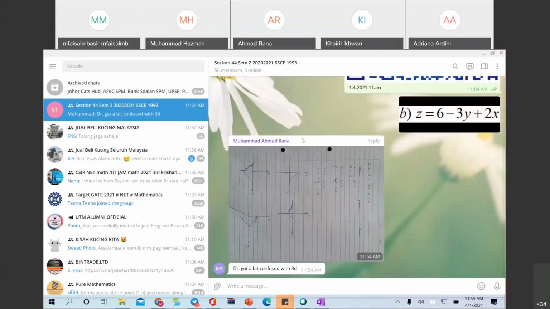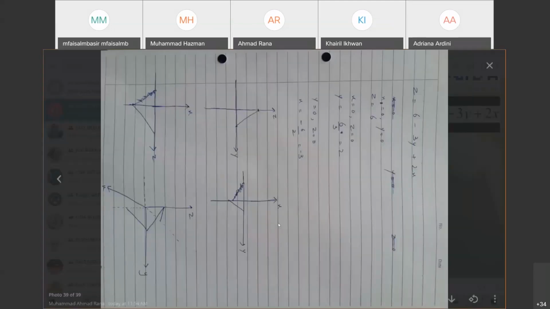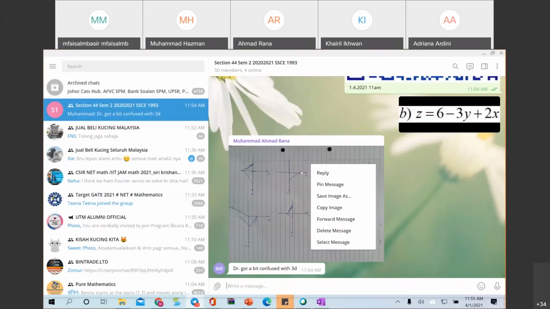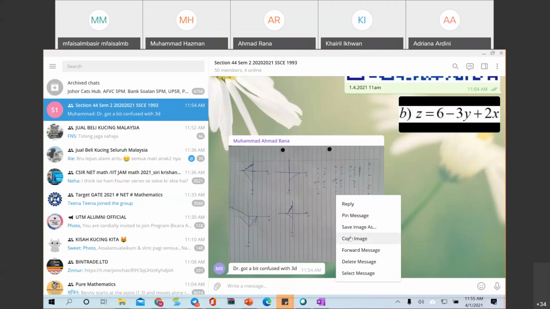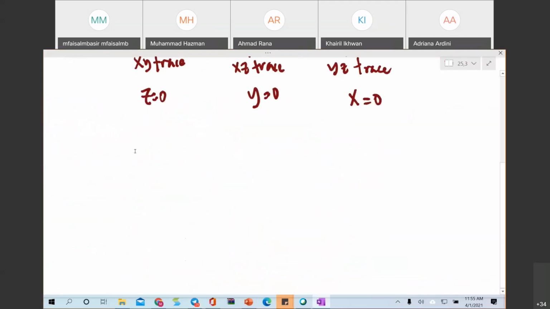Friend's answer. Okay. Next time, please make sure it is in vertical orientation. So let me see. Can I rotate?